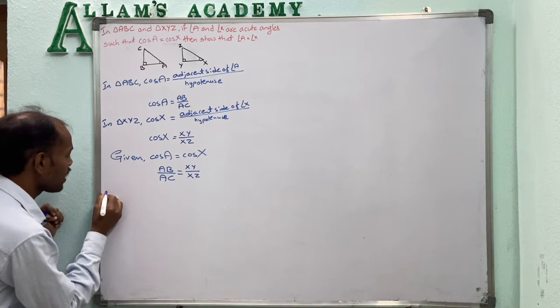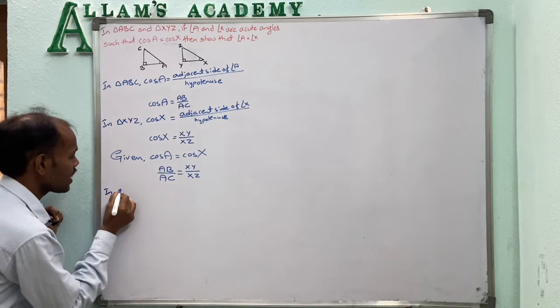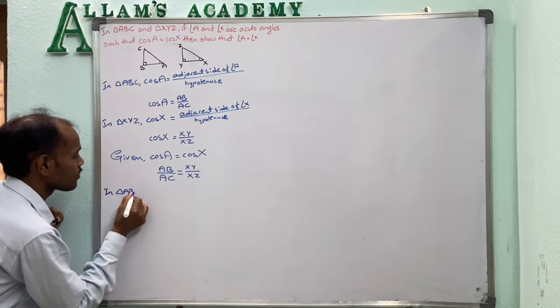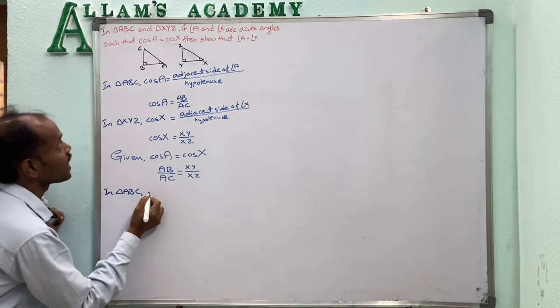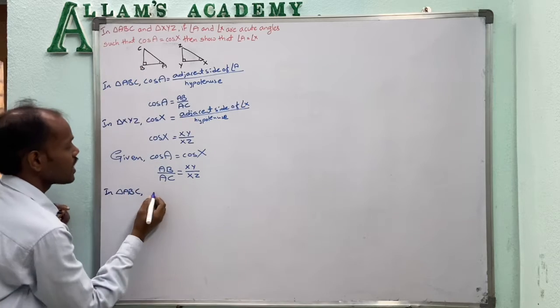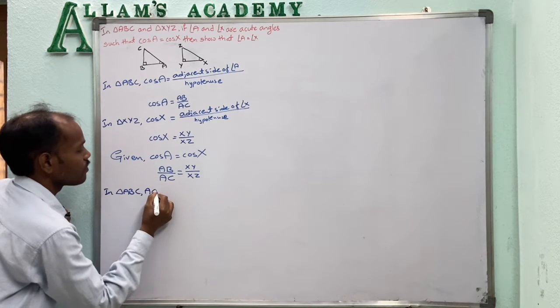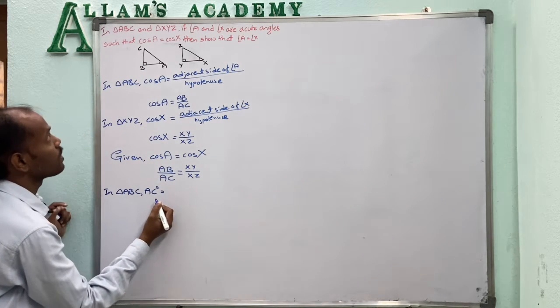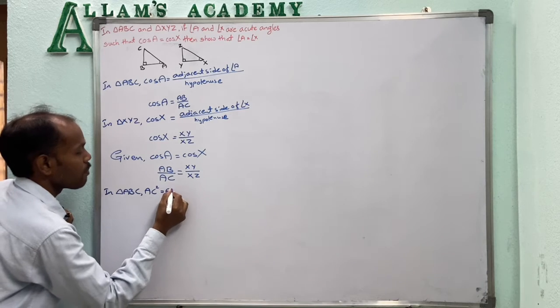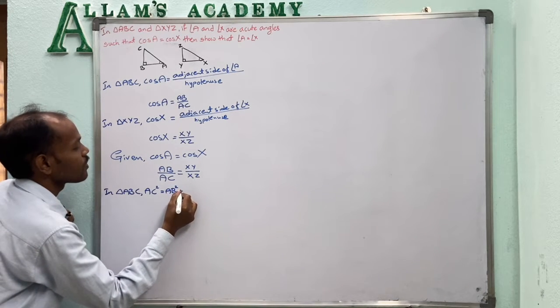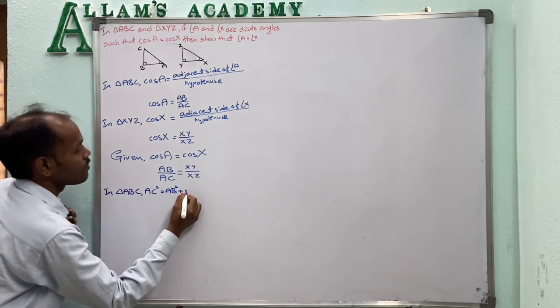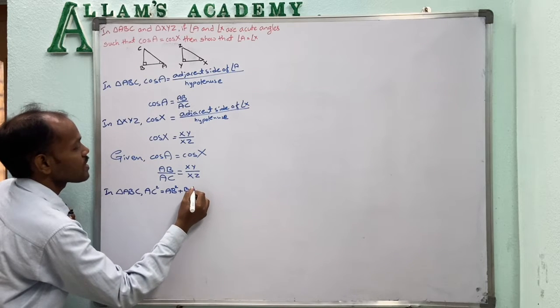So by Pythagoras theorem, in triangle ABC, we can write AC square, hypotenuse square, equal to base AB square plus height BC square.